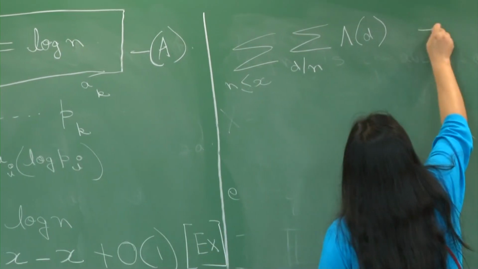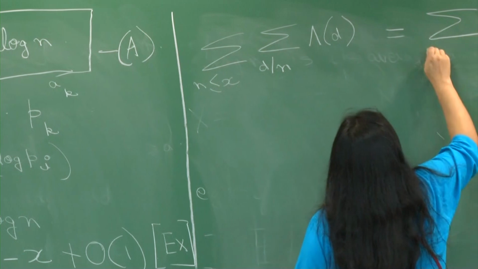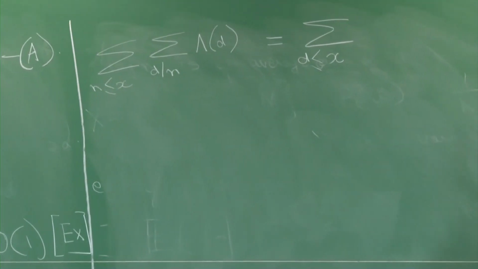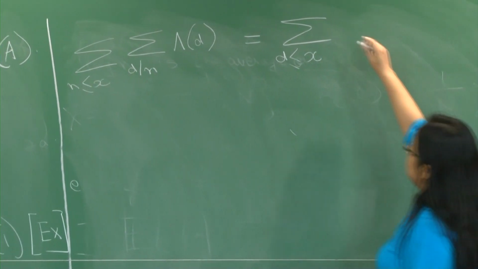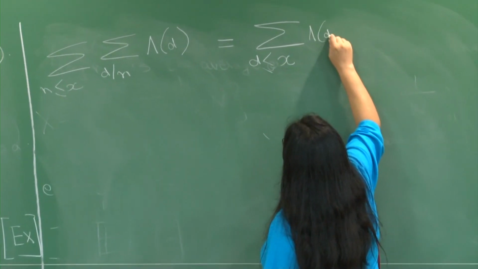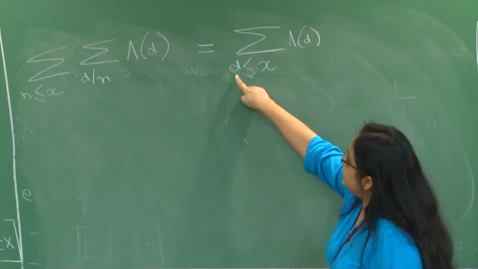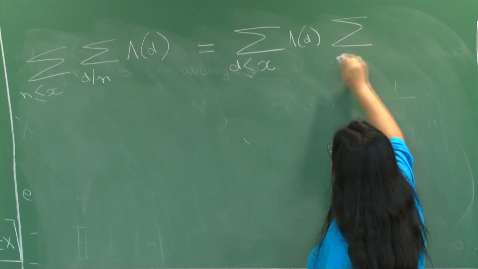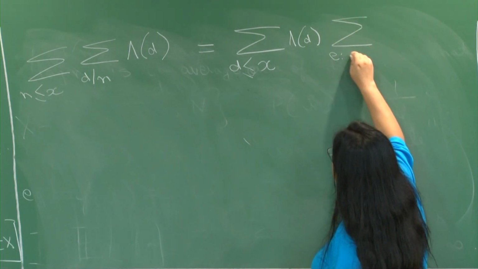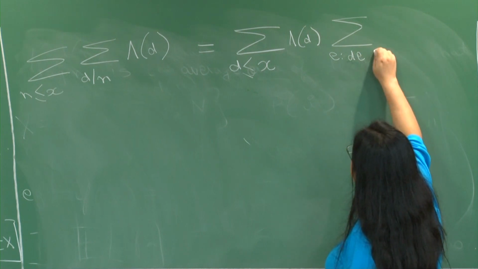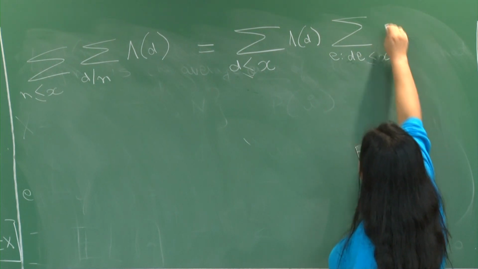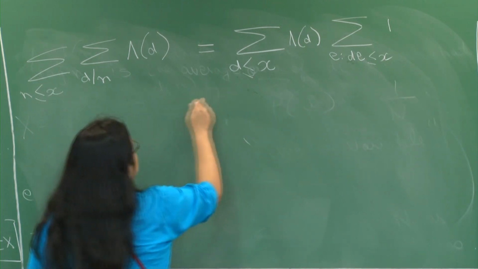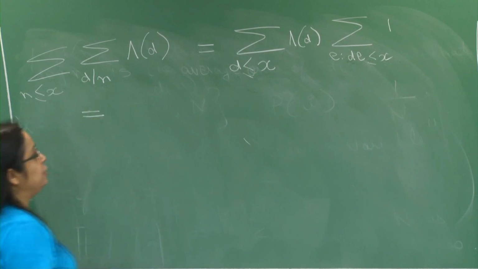So, this is equal to, first you sum over all the natural numbers up to x, right, and then for each such natural number you need to consider all the multiples d which are less than or equal to x, exactly as we had done when we were looking at the average order of d of n.